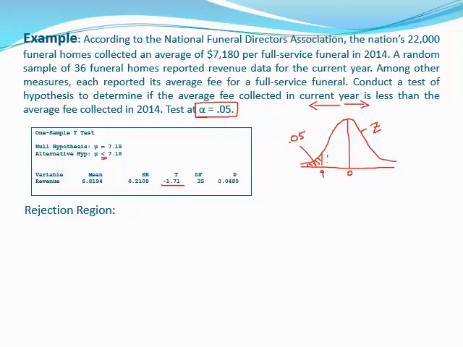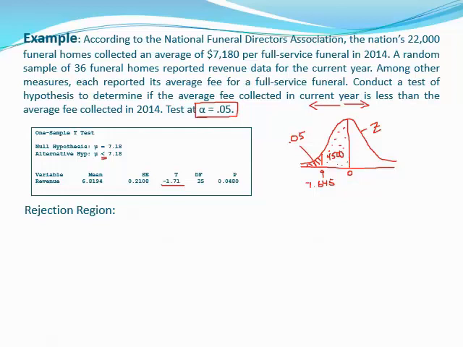And actually, for a lot of values of alpha, there's a couple different ways you can do it. There's the z distribution technique, where the table that I tend to use is the inside probability. So we look up this 0.4500 and find that it falls somewhere between 1.64 and 1.65, and we typically use the number 1.645, and this would be a negative 1.645 because we're below the mean.